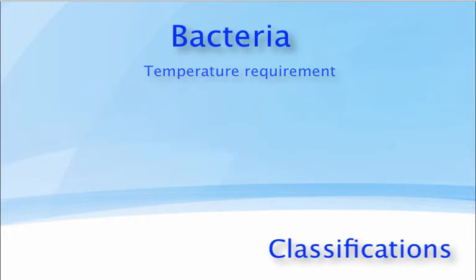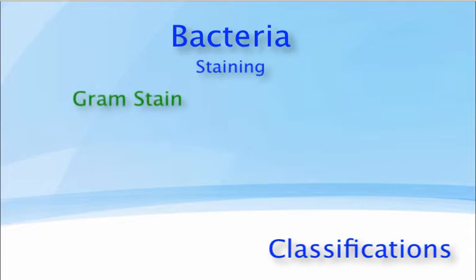Finally, bacteria can be classified by how they are identified in the lab. Two tests involving stains are used for testing bacteria in the lab. Number one is the Gram stain, and it's used to color bacteria on a microscope slide.